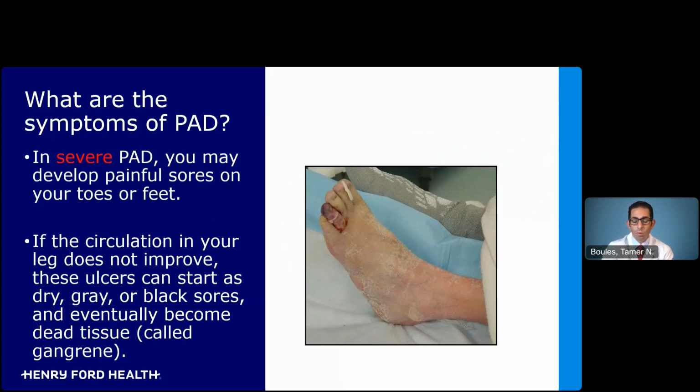Once the blood flow is so severely compromised that even small cuts or small bumps break down to form areas of ulcers or openings in the skin, or even when the blood flow to a toe gets very severely reduced, as you can see here in this picture, those are signs that the peripheral arterial disease has gotten to the most severe stage and certainly limb-threatening stage.